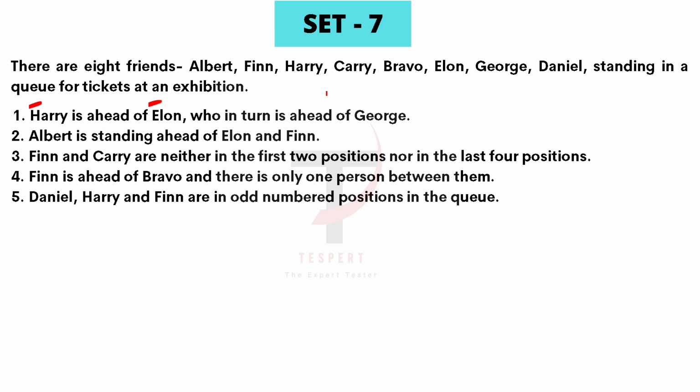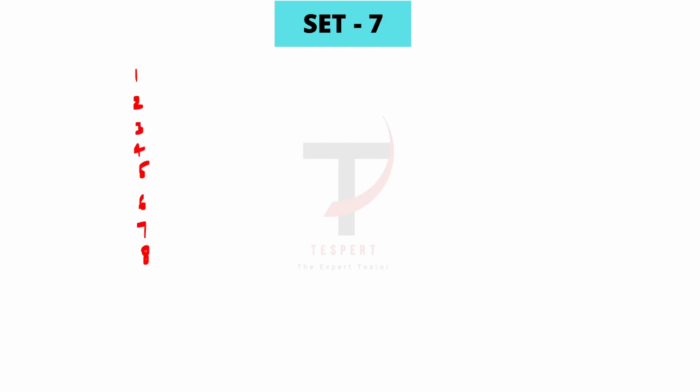Of course there are 5 statements, but we have to select the best fit so that we can immediately arrange them. So if we look at the third statement, Finn and Carrie, F and C are neither in the first 2 positions nor in the last 4 positions.